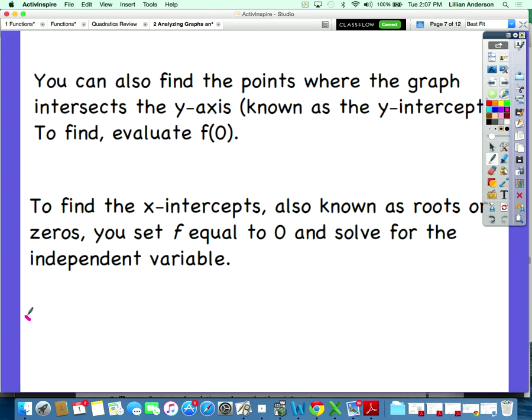To find the x-intercepts, also known as your roots or your zeros, more than likely that's how they'll be referred to, roots and zeros, you set f equal to 0 and solve for the independent variable. Most of the time, that's x. You have an x and y.